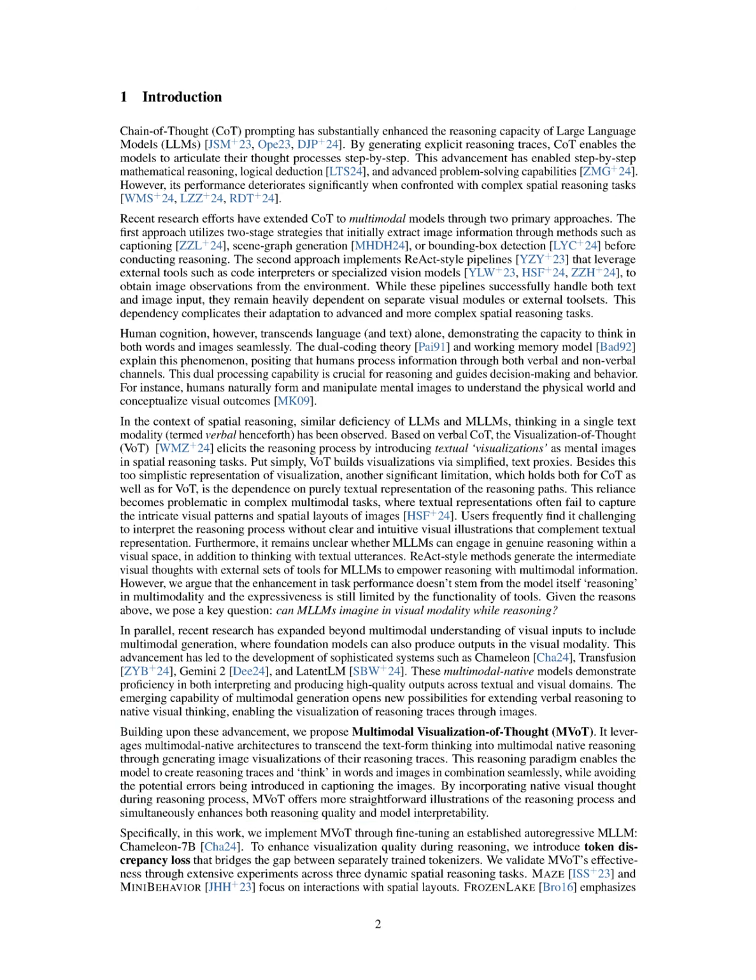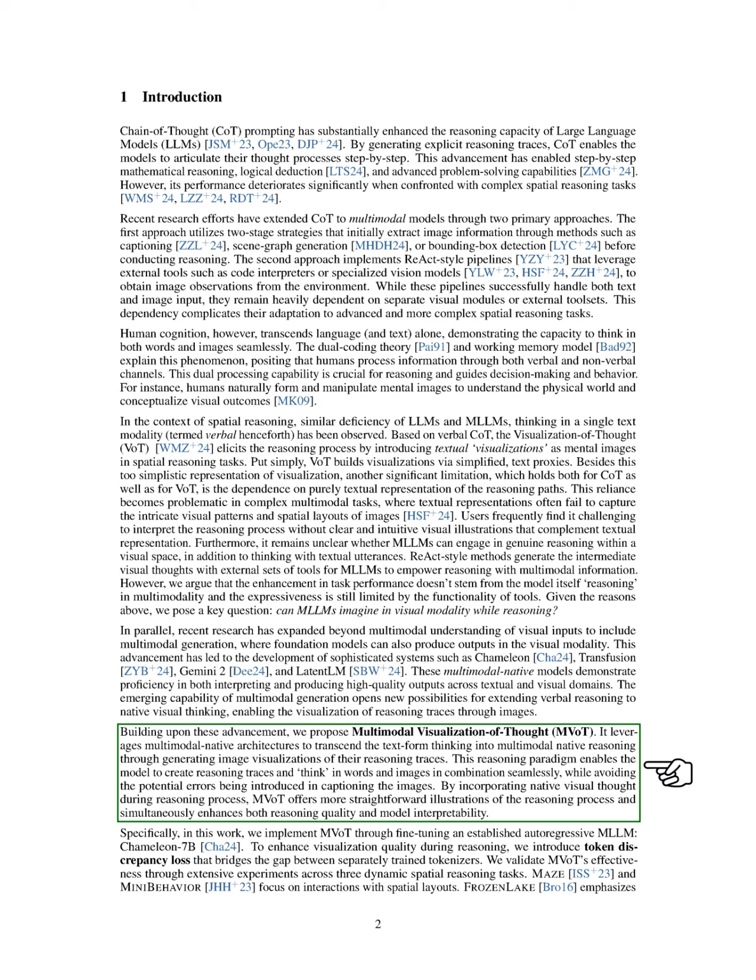In this section, we introduce Multimodal Visualization-of-Thought (MVoT), a novel reasoning paradigm that integrates text and visual modalities to enhance reasoning processes in large language models, LLMs. We demonstrate that MVoT, implemented in Chameleon 7B, significantly improves performance in complex spatial reasoning tasks by generating visual representations of reasoning traces, outperforming traditional chain-of-thought methods by over 20%.